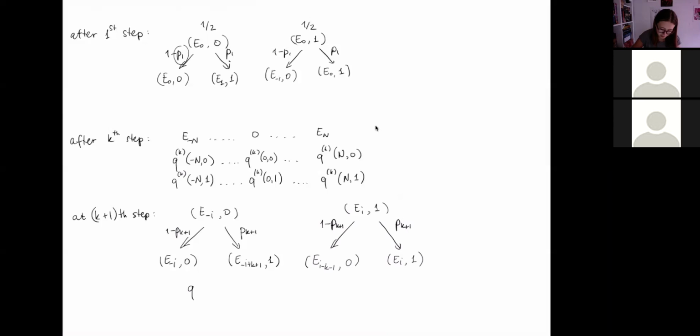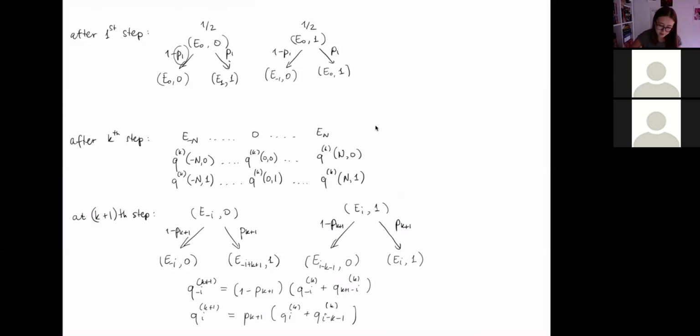Then one can actually write, based on this diagram, the probabilities which correspond to qi minus I k plus 1 based on the previous step probabilities. So also here I use one particular observation, which really helps.